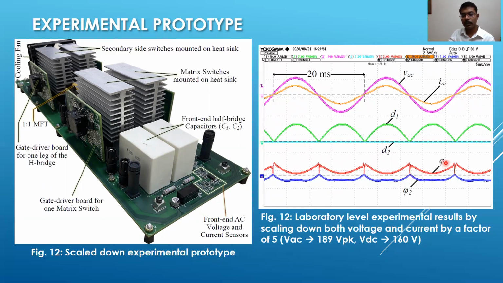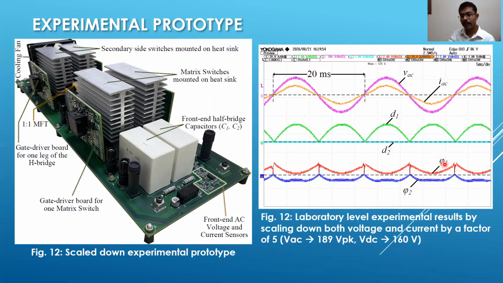So basically here the logic goes like this. As phi 2 is negative, it doesn't make any sense mathematically to operate in mode 2. So basically you can see that D2 is 0.